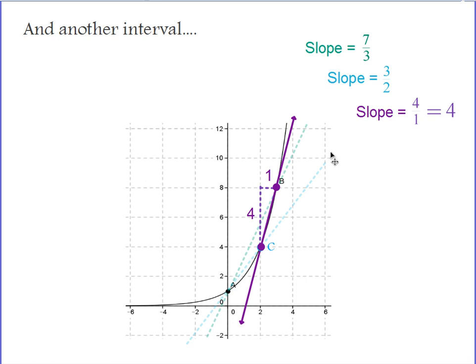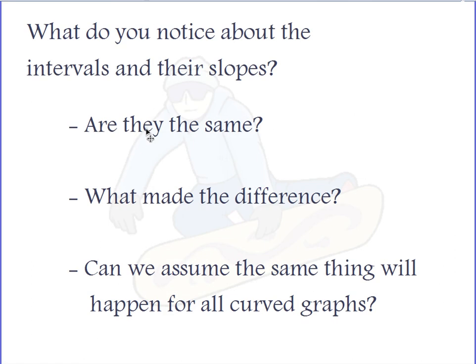And just within that small section of graph, I found 3 completely different slopes. So just to pull all of that together, the slopes are not the same, and the interval we chose made the difference. And yes, we can assume that the same thing is going to happen for any nonlinear graph.